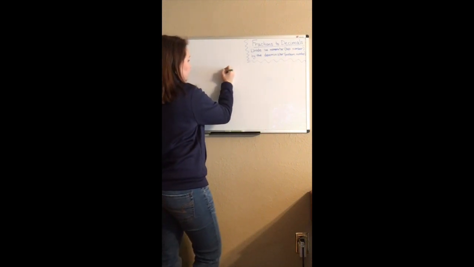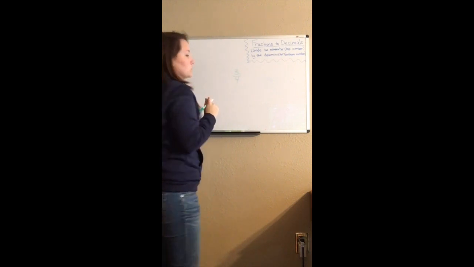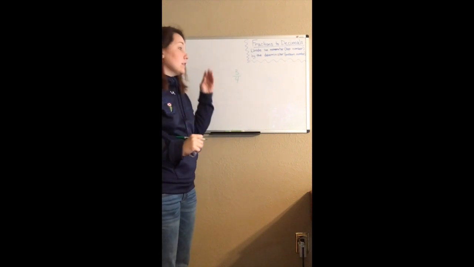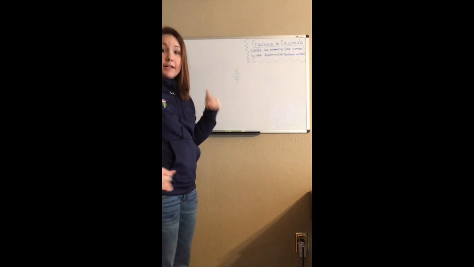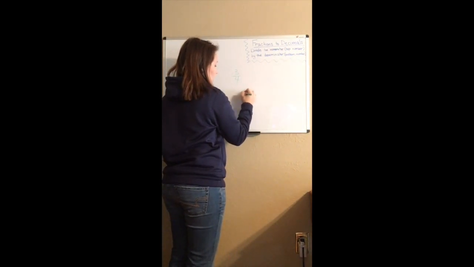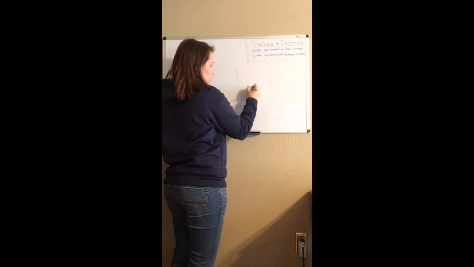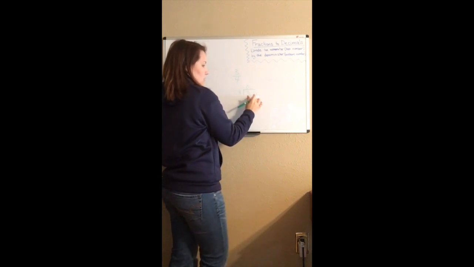All right, let's look at another one. We have 3/4. Again, we're going to take the numerator, that top number, and divide it by the denominator, that bottom number. So 3 divided by 4. Each of these is not going to be able to go into that first number, so I'm going to automatically add that decimal and a 0.